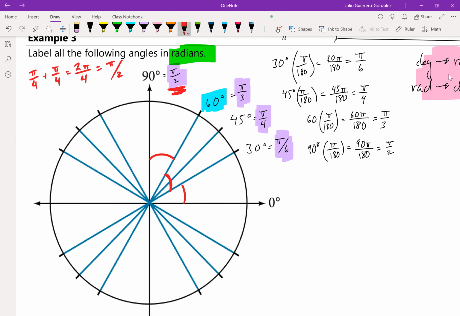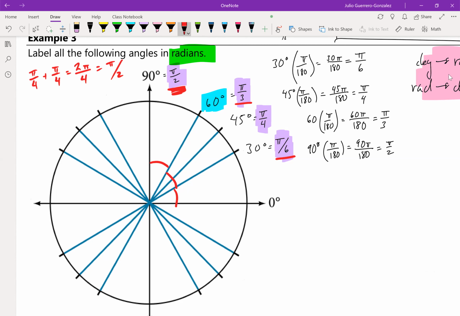So we have 30 degrees, 60 degrees, 90 degrees. So then let's go ahead and add them up using the radian measures, basically.